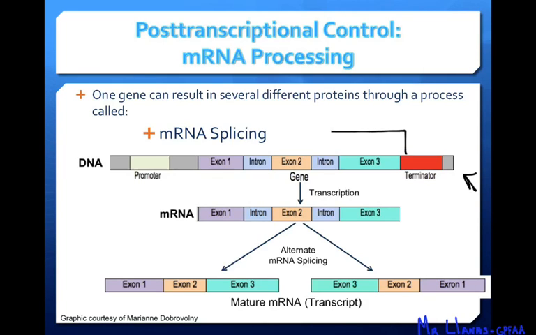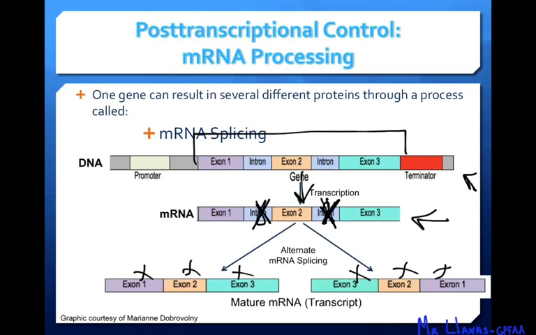This section right here is what's going to code for the protein. So transcription happened and only the exons and introns are left, and you got mRNA. But your cells need to take out the introns, and that's when mRNA splicing happens, and then only exons are left, and your cells rearrange them in whatever order they need.